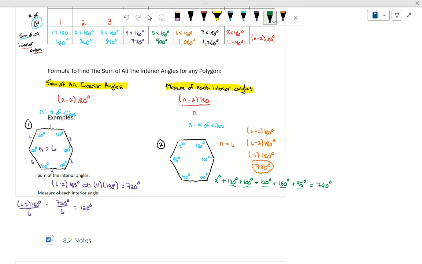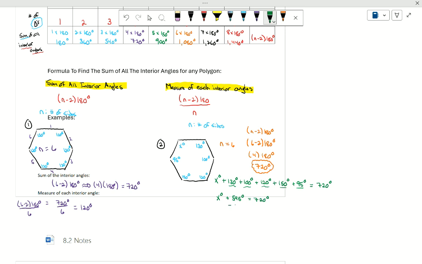So let's combine the 130 with the 100, with the 120, with the 150, with the 95. All of those angles combine to 595. So my equation becomes x plus 595 is equal to 720 degrees.